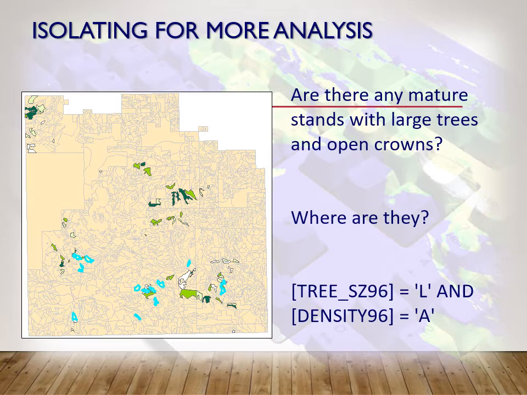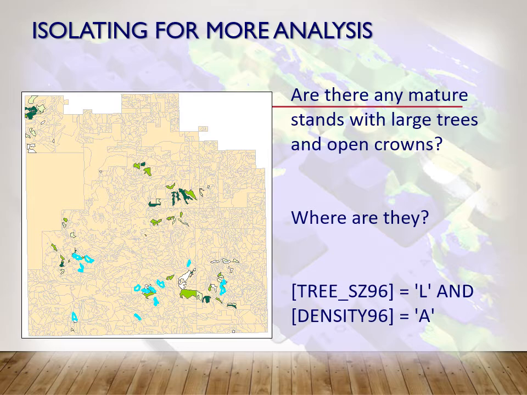And again, you can continue to query and extract more and more data out of it to further define your analysis, especially if your analysis is very specific, like this question in front of you. Are there any mature stands with large trees and open crowns? That's very specific.